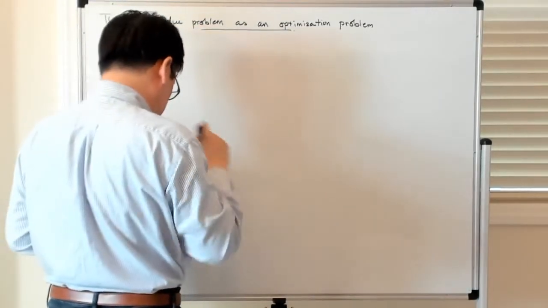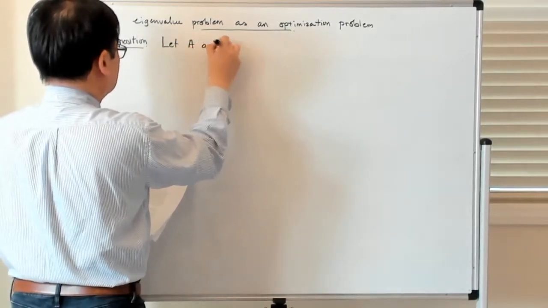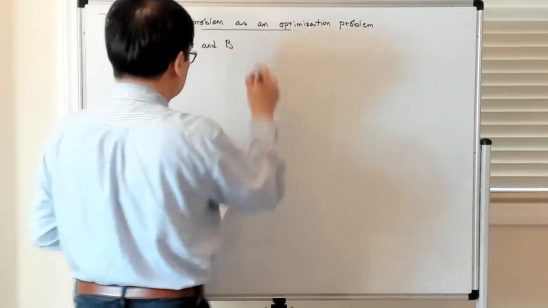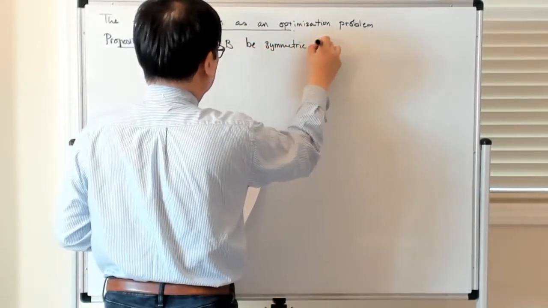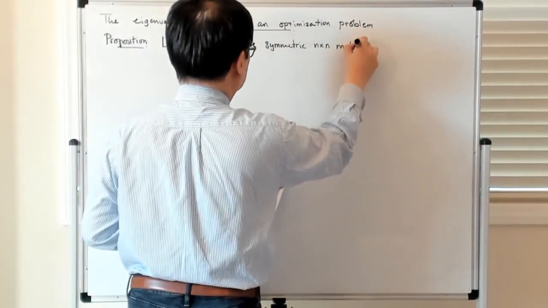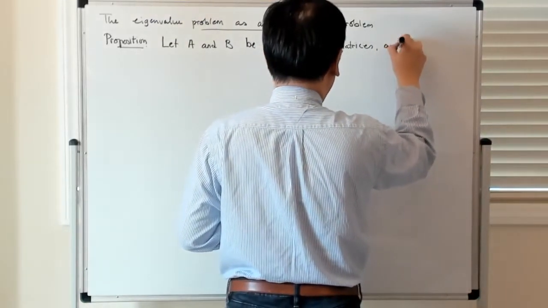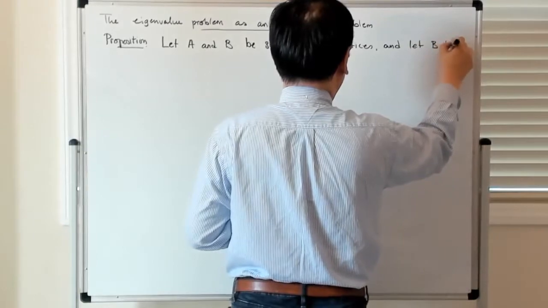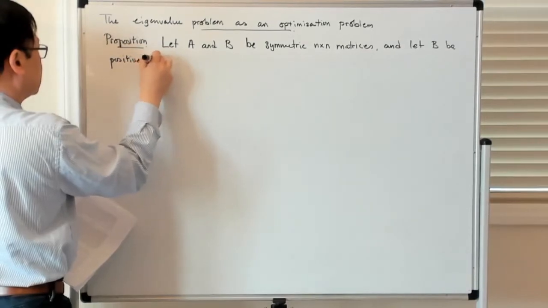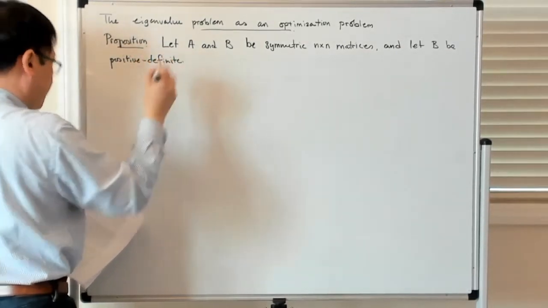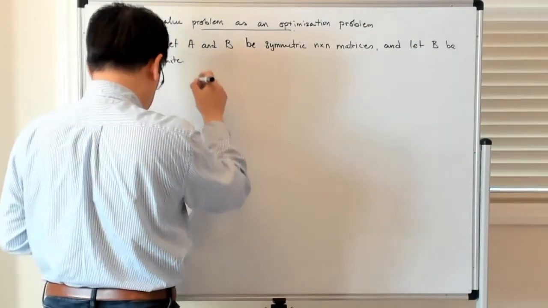Okay, so let A and B be symmetric n by n matrices, and then as before, B has to be positive definite. Okay, and then let's order the eigenvalues.